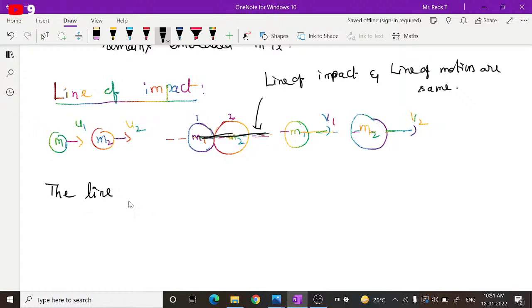So what is the line of impact? Is there any question from the chat? Let me see the chat once. I think only Sanjay has asked, and I have clarified this.